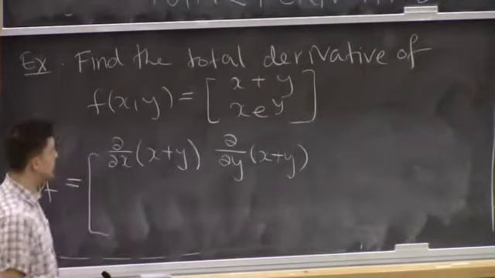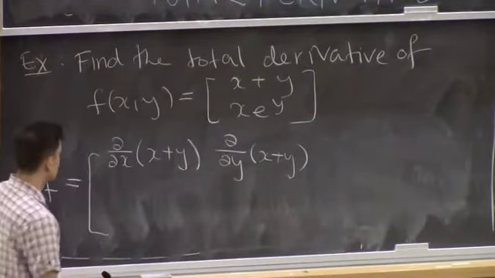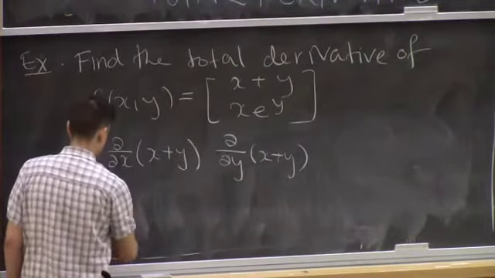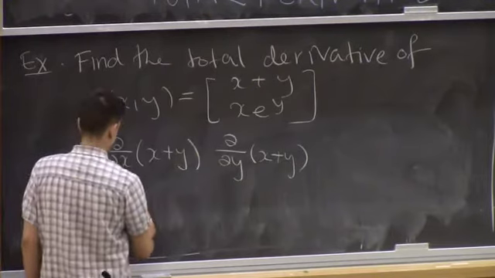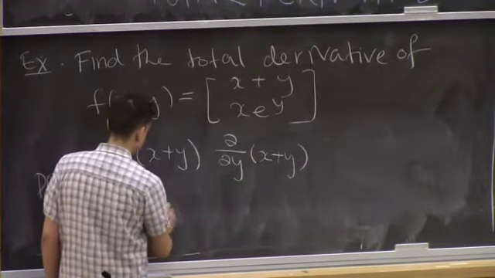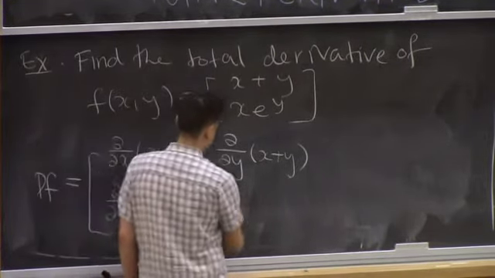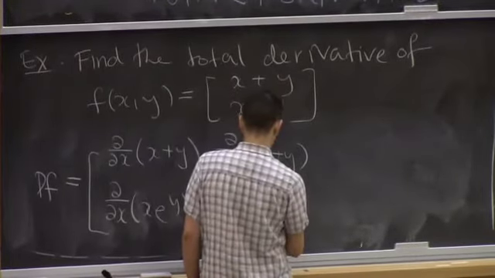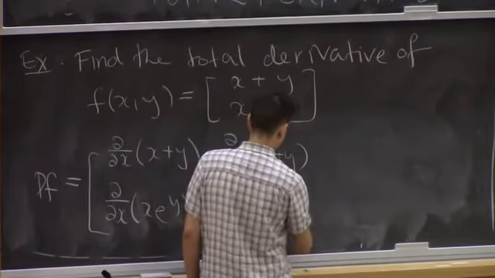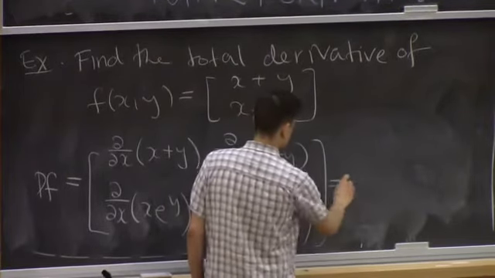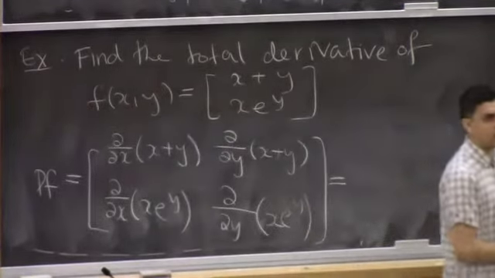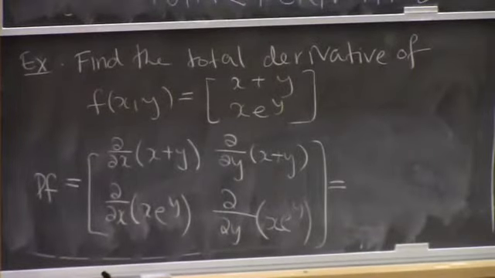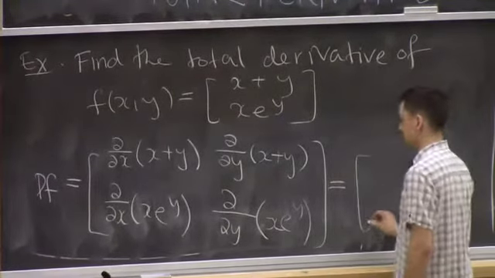We take the derivative of the first component with respect to all the variables. Now second component with respect to all the variables. All right, and now we get the 2 by 2 matrix that represents the total derivative.